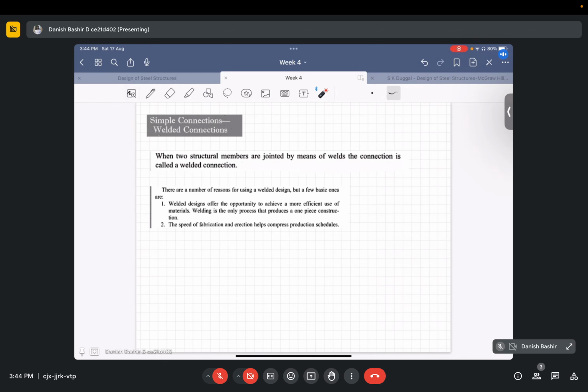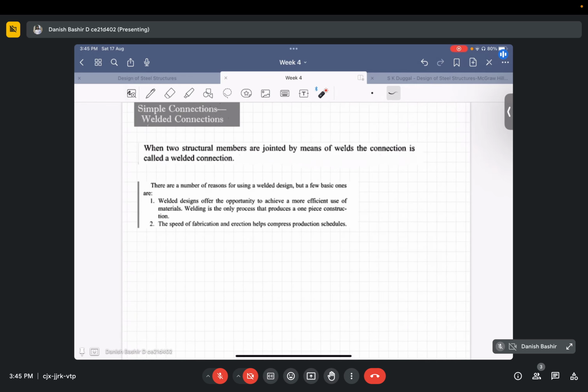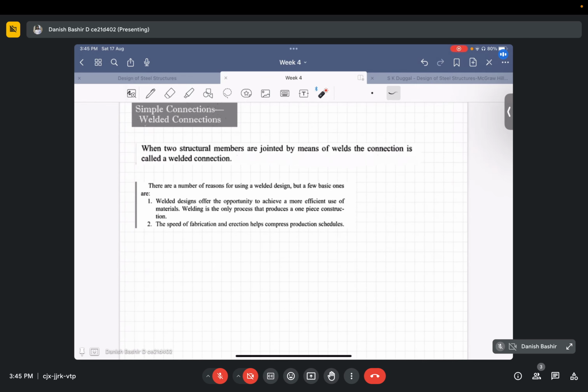These welded connections have been used extensively in the last few decades. There are a number of reasons for using welded design, but a few basic ones are here. Welded design offers the opportunity to achieve a more efficient use of material.